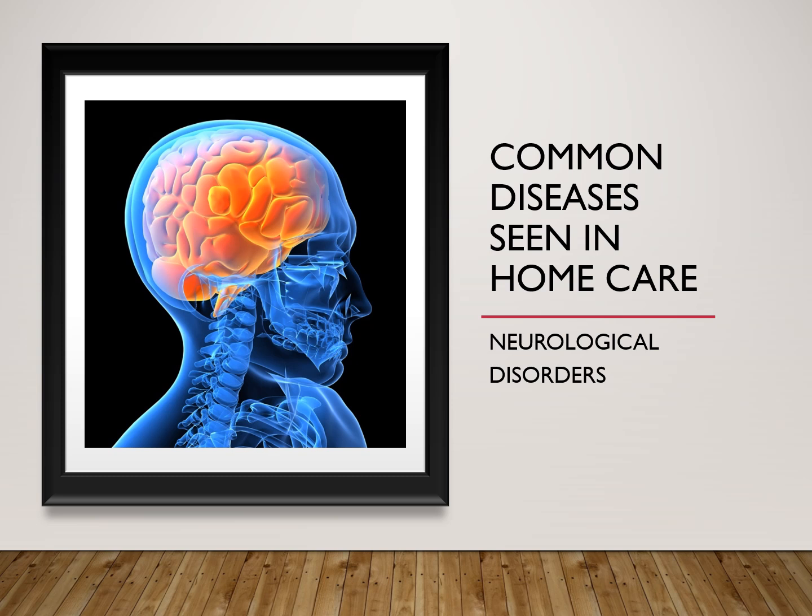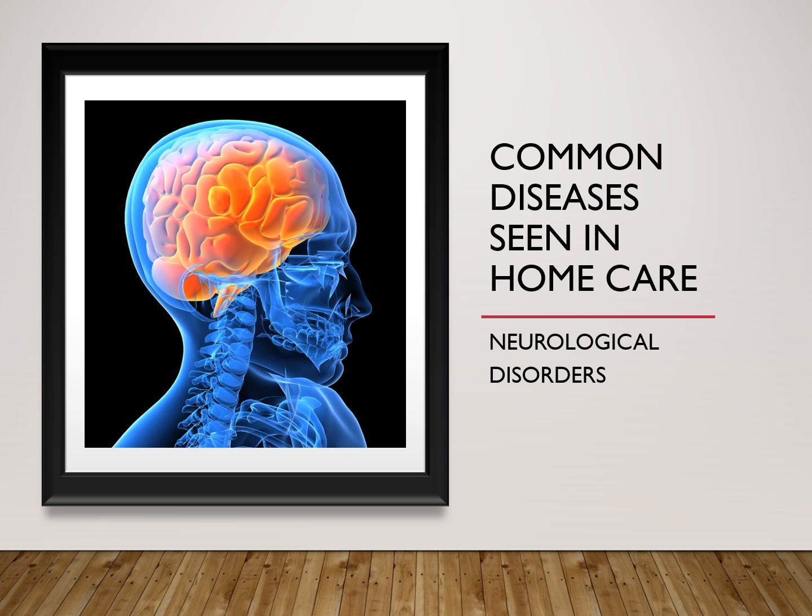Multiple sclerosis is a progressive disease which affects the transmission of impulses through the central nervous system. The first signs are usually fatigue, emotional changes, and difficulty with speech. It usually affects young adults. And then there's ALS, which is a progressive disease resulting in the degeneration of the neurons.